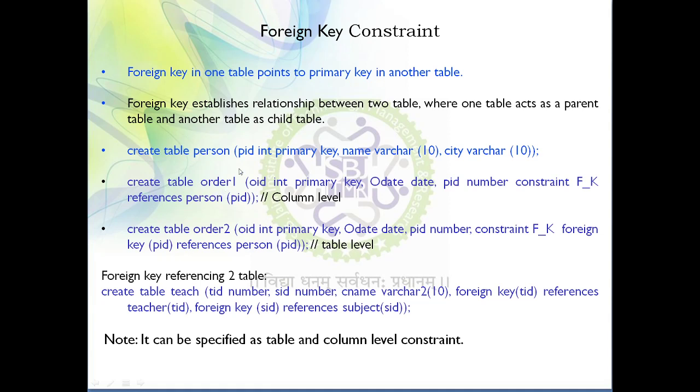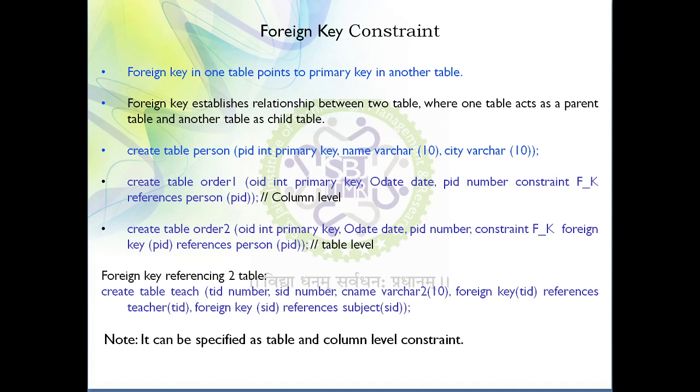It is not possible to insert a new person ID into the order table. So this is not allowed. First of all, data should be added to the person table, and then data should be added to the order table. Without a person, how can you place an order? That's why, while inserting data, first of all data is inserted into the parent table, and then you can insert data into the child table.